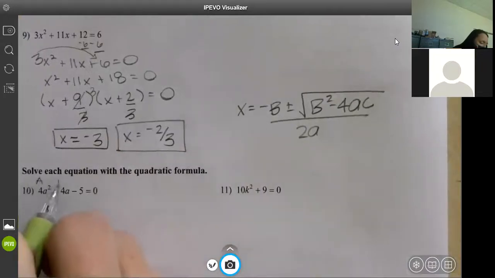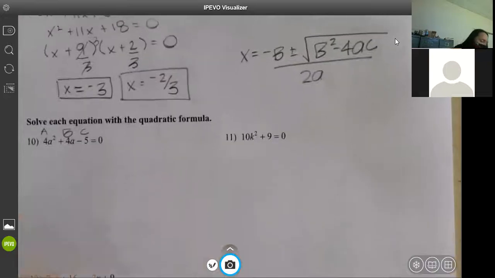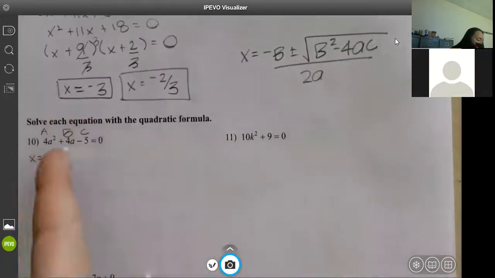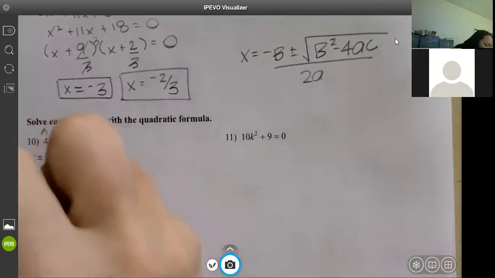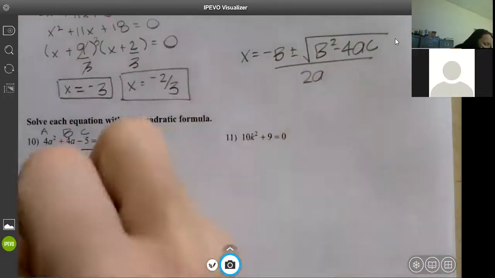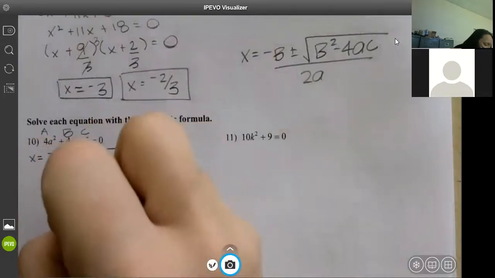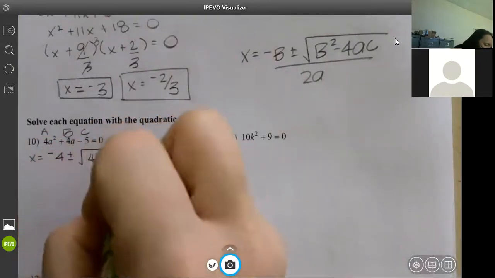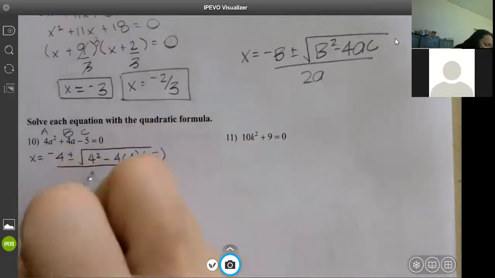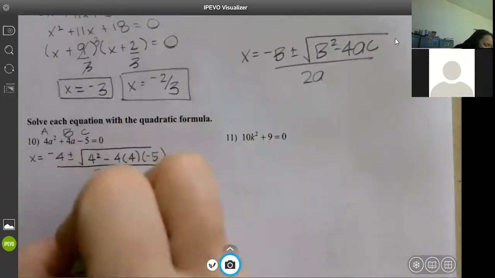So here's your a, b, and c on number 10. x equals negative b just means change the sign. So it's a positive 4, and I'm going to change it to negative 4, plus or minus the big fat square root. 4 squared minus 4 times a, which is 4, c is negative 5, all over 2 times a, which is 4.